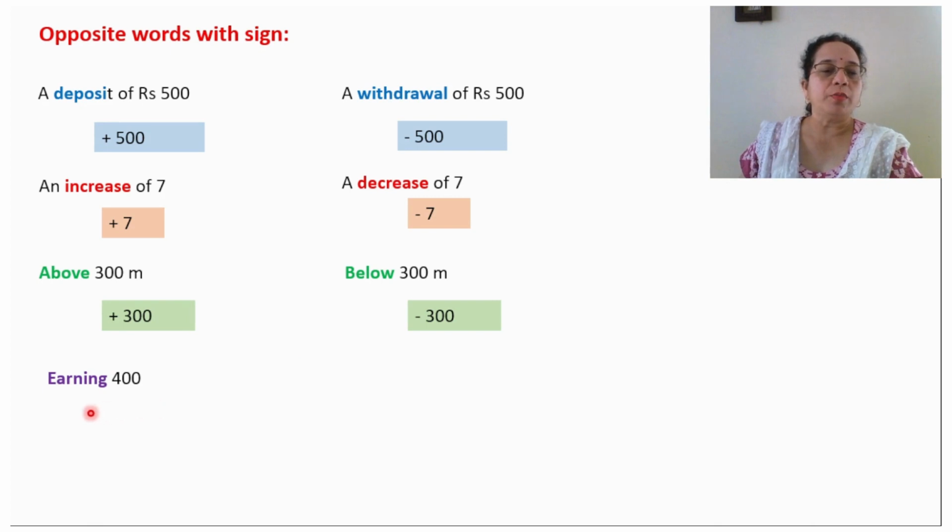Earning 400, opposite of earning is spending 400. So earning means the positive number, positive 400. Spending means the negative, so negative 400. So this is the way with the words we can write the opposite sentence, or as integers also we can write the opposite integers.